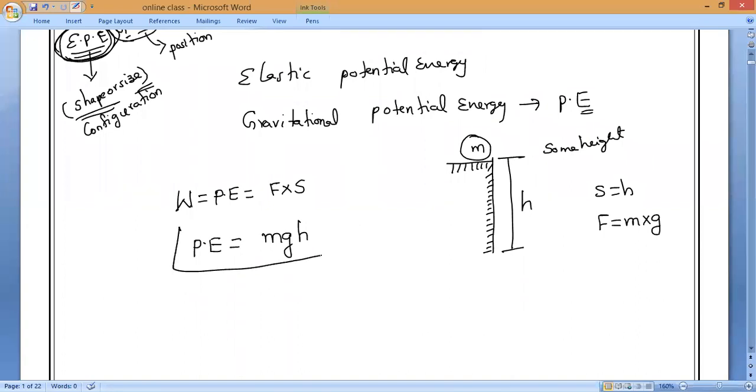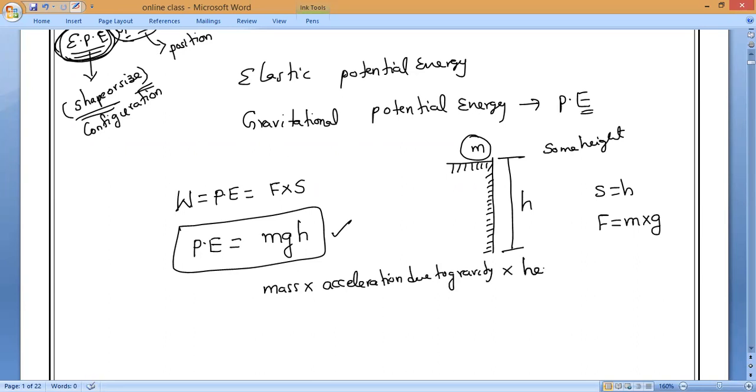This is the potential energy of a body: mass into acceleration due to gravity into height of the body from the ground.